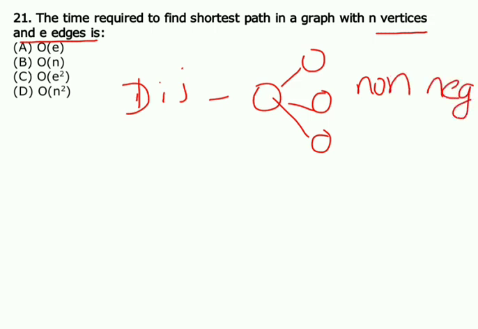Whereas in the case of the Bellman-Ford algorithm, it will find the shortest path from a single source to the other vertices for negative edges also. It will include the negative edge weights. That is the Bellman-Ford algorithm.